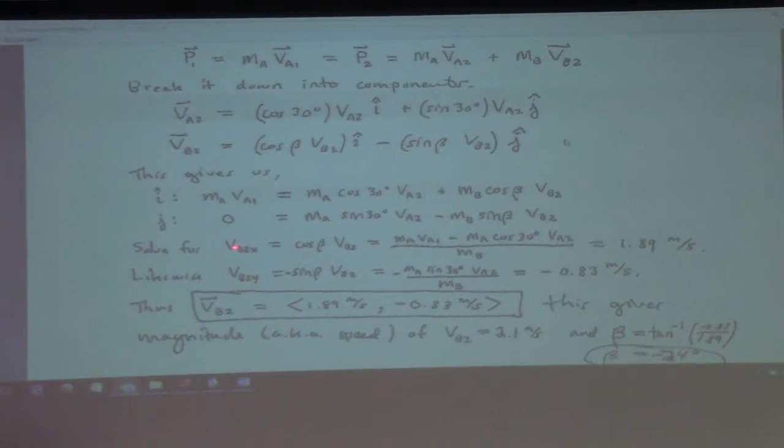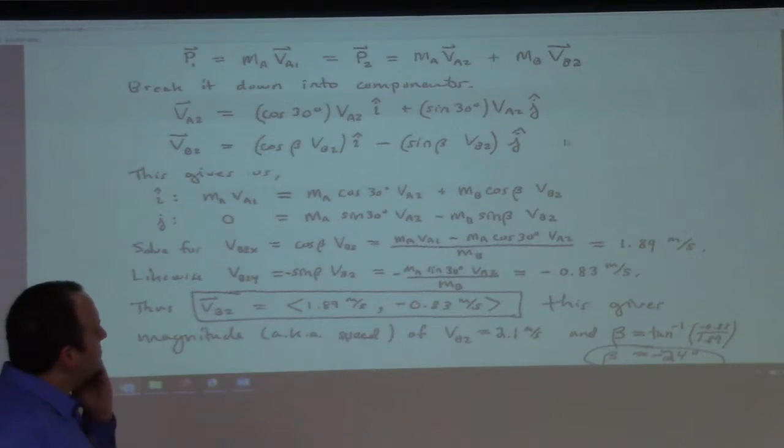And then you have to do algebra. So you solve for what I want: the x component of VB2, which is this. Everything here I know. I just don't know cosine beta times v2.